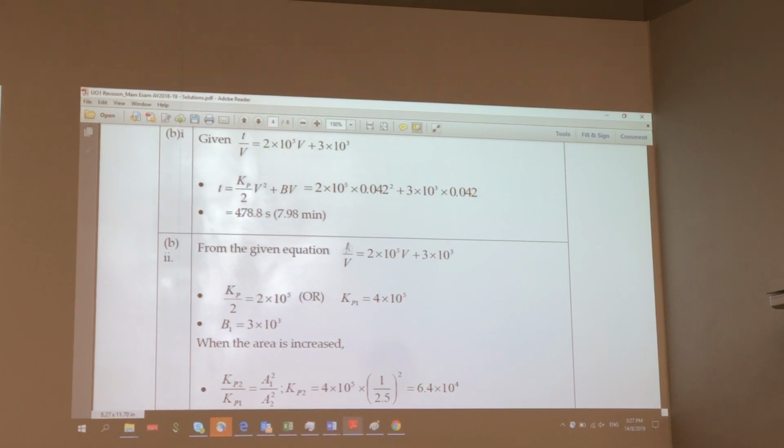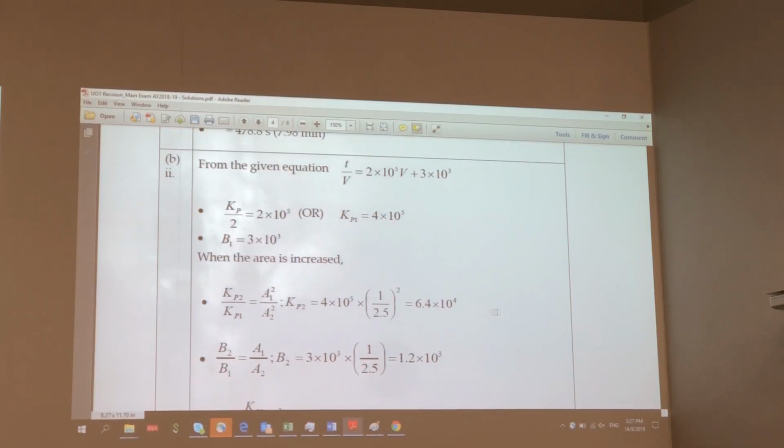So try to identify from the original equation what is Kp, what is B. Alright? Don't forget, this is Kp over 2. This is a very common mistake. Some of you may forget this. This is Kp over 2. From here you find Kp1. Okay? B1 is here directly.